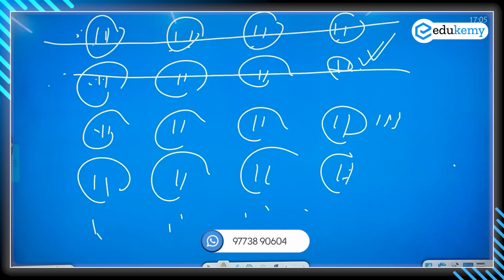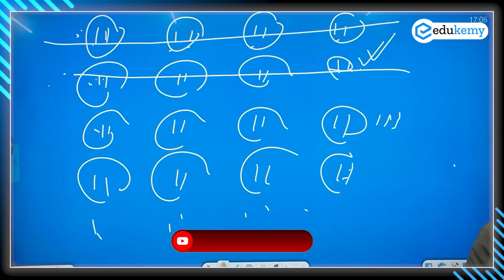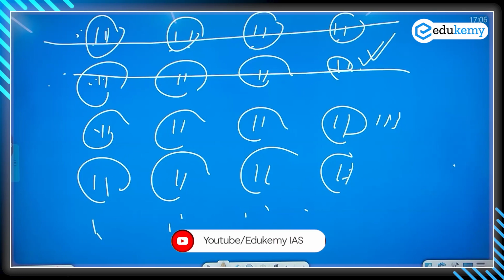The next one is aging mortality control. Aging mortality control is again a long-term geriatrics healthcare intervention.